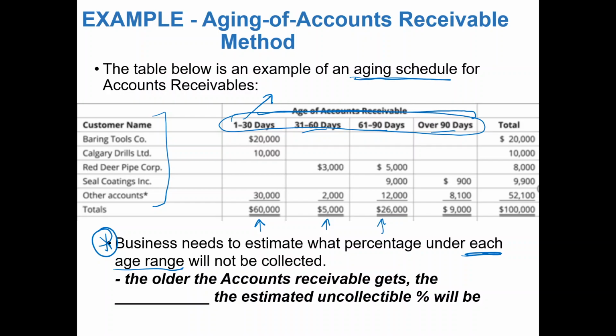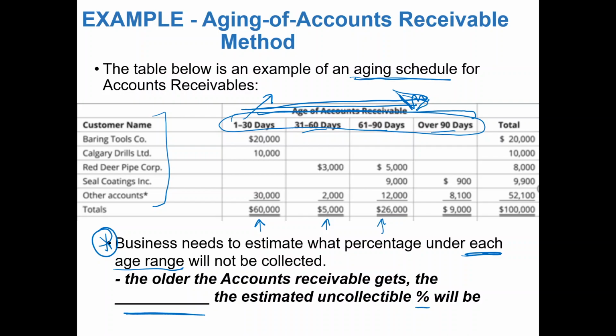So let's think about this. As accounts receivable gets older, do you think there's a higher or lower estimated uncollectible percentage that we would use? So the older that AR gets, that means it's been outstanding for a longer period of time. Well, with that, we have more risk. The longer it sits there and the longer it takes a customer to pay, the more risk that we're never actually going to get it.